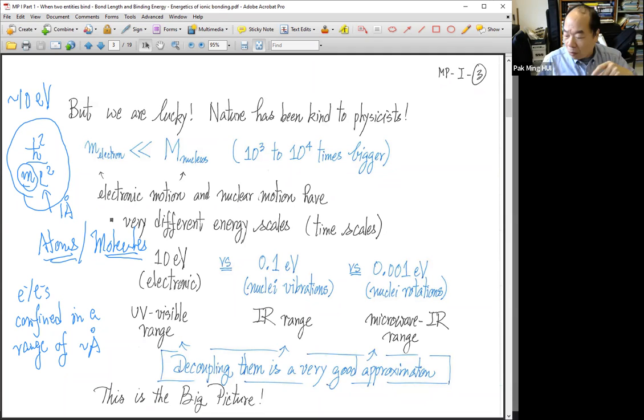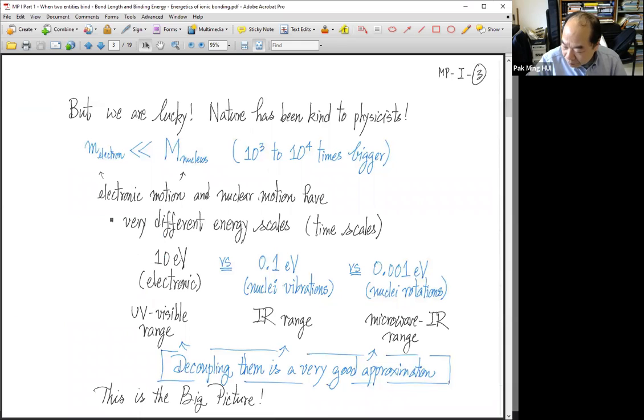Now, what is a molecule? Same thing. With 2 atoms, the electrons must be confined around these 2 nuclei. So the size is about an angstrom or 2 angstroms. Therefore, the electron problem will set the same scale. It's about 10 eV. So it is an easy part to explain.